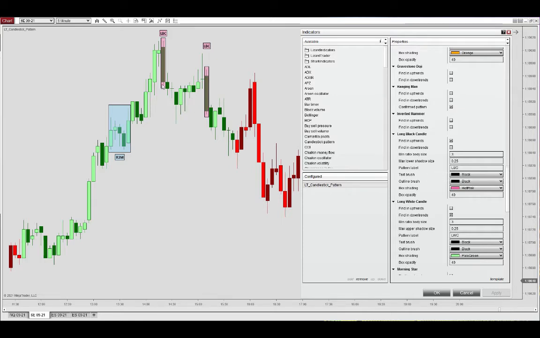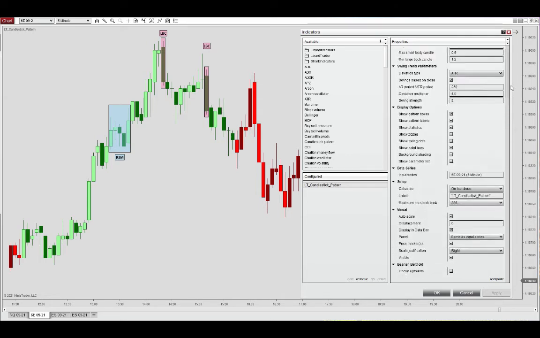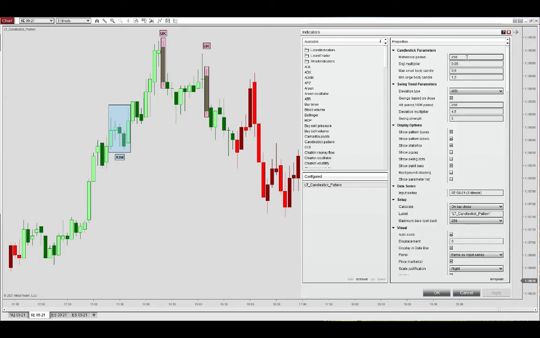And we see that both of these patterns have fairly small lower wicks. So that is in line with the definition here. The reference period for this example is set to 250 bars. And so these two patterns are 3 times the average found in the look back period.